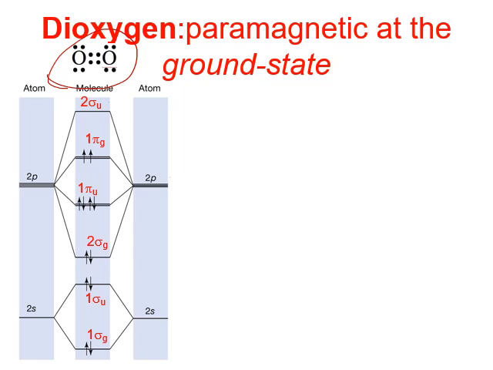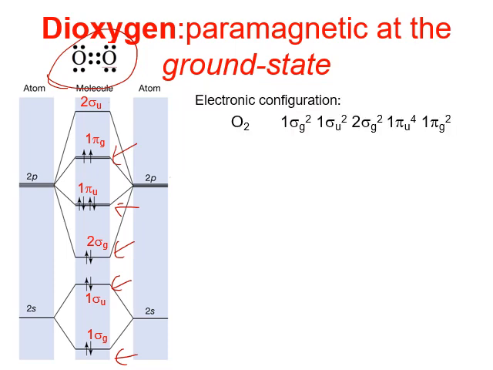So 2 atoms have 12. So 2 go to 1 sigma g, 2 go to 1 sigma u, 2 go to 2 sigma g, 4 go to 1 pi u, and then 2 go to 1 pi g. That's a total of 12 electrons. So here is the electronic configuration.